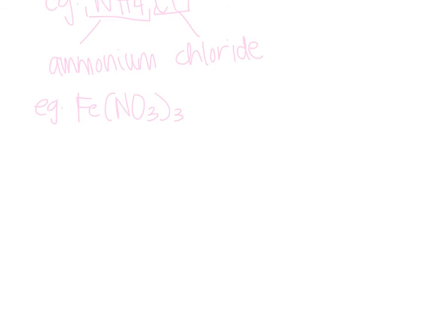So Fe can either form iron 2 or iron 3. And the only way we can figure it out is if we look at this formula and do the crisscross method in reverse. So we know that this 3 is actually the charge for this Fe ion. And then we know that there's an imaginary 1 there, and that's the charge for the NO3.